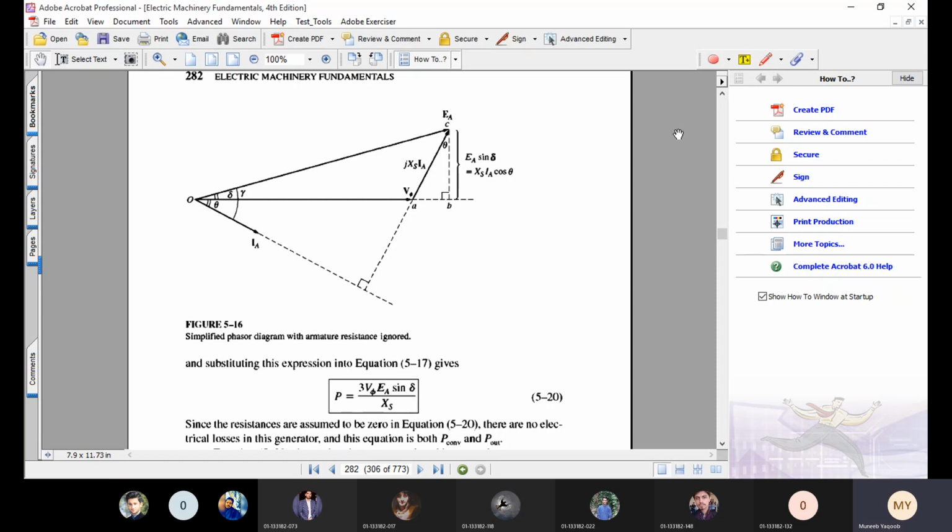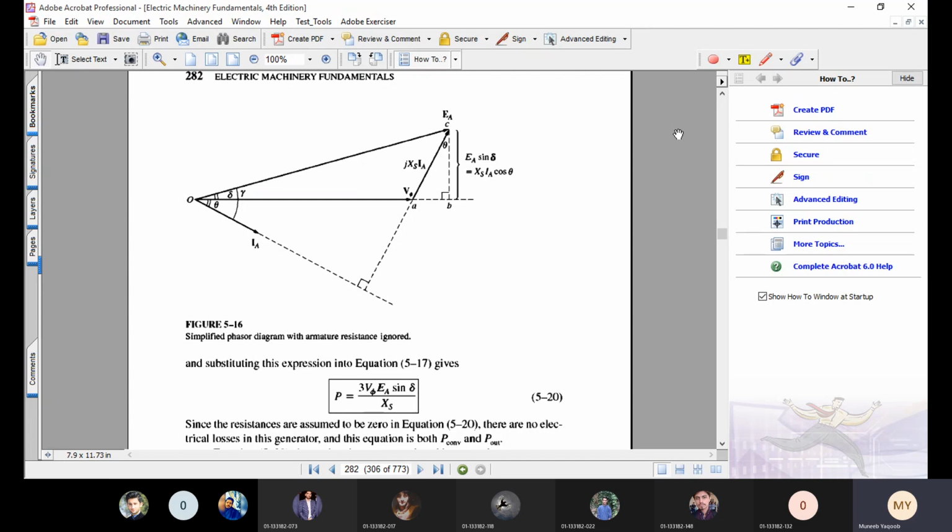Now EA is just Vphi plus jXS IA. Why? Because they said that since RA is negligibly small and the vector RAIA is of shorter length, why don't we just neglect it and then perform further calculation to reach some vital conclusion. So neglecting the voltage drop IARA has turned the figure into this shape.